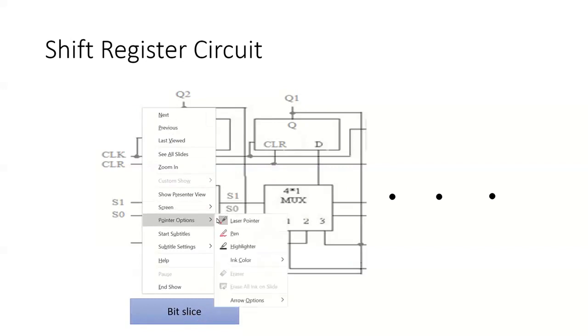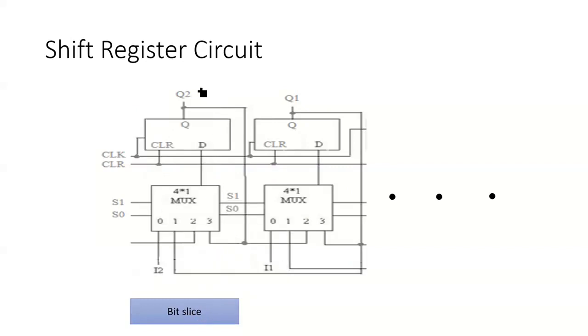Okay, let me pen. So this combination of D flip-flop and the multiplexer is a bit slice. Now this takes care of 1 bit. You're going to create an 8-bit shift register, so you are going to need 8 of these, and you're going to create all these connections in that circuitry.